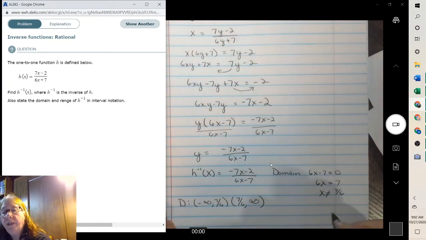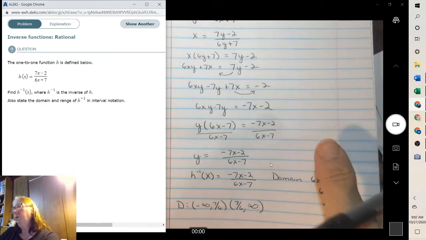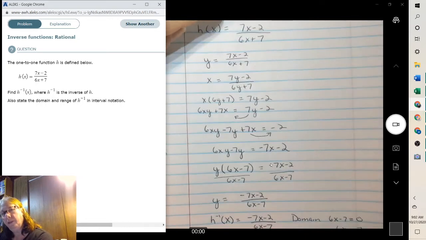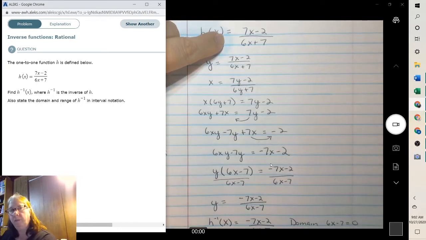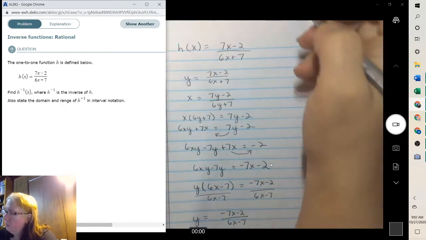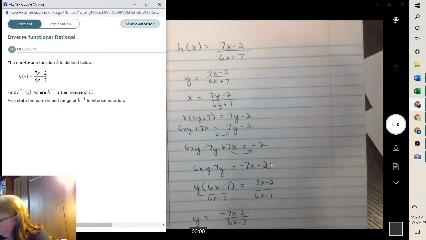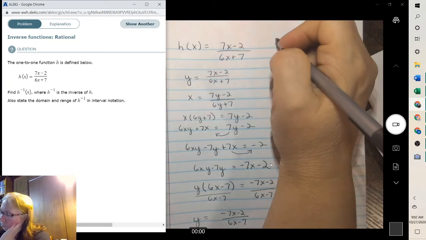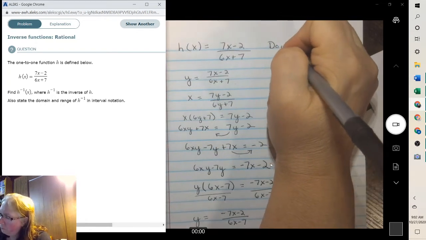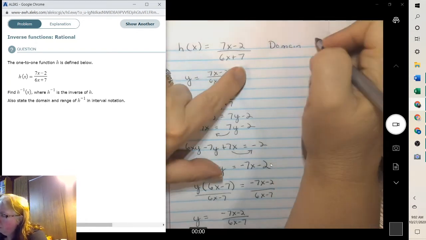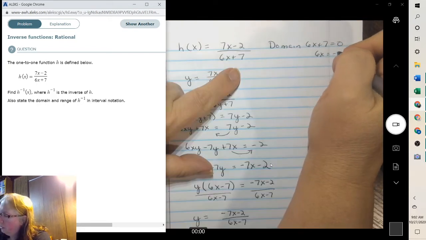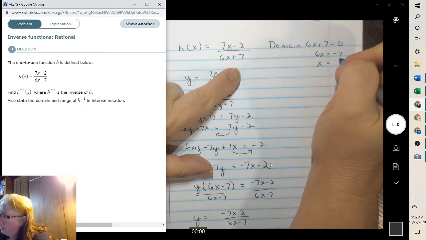To find the range, remember the domain of this is the range of this. So if we find the domain of this, that will be the range here. So if we find this domain, 6x plus 7 equals 0, 6x equals negative 7, x equals negative 7/6.